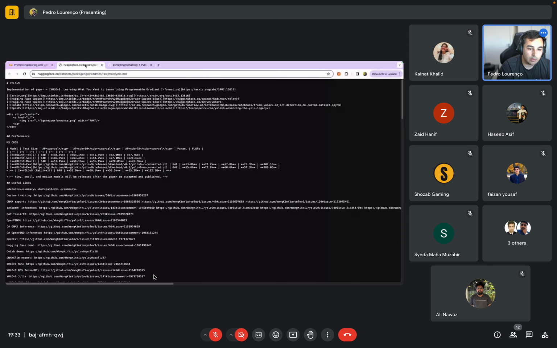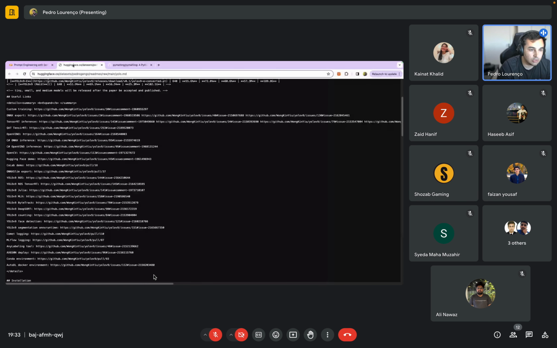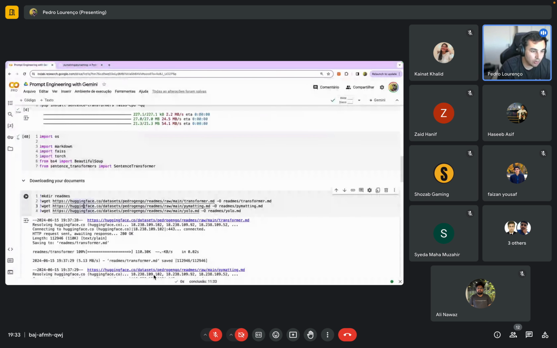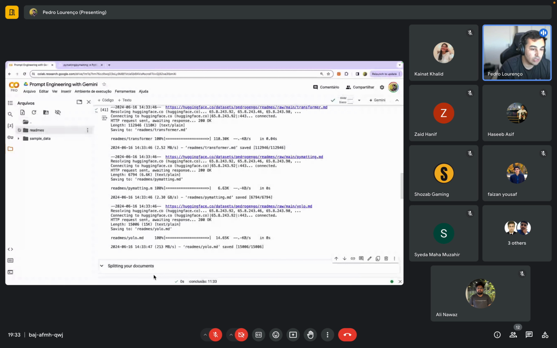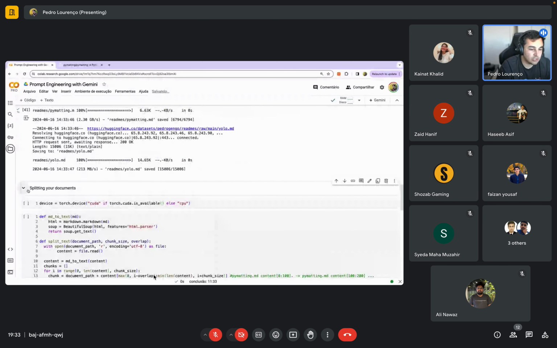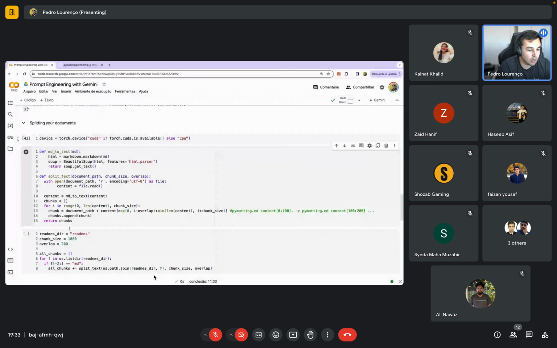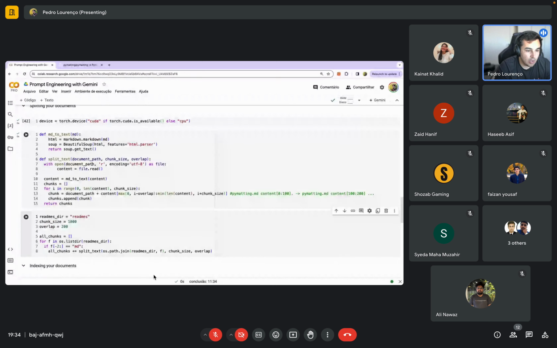Then we have some helper functions. This one helps us split the documents. I won't deep dive on this because we don't have so much time. But basically, I'm splitting the README into chunks of 1,000 characters, to be honest, with an overlap.